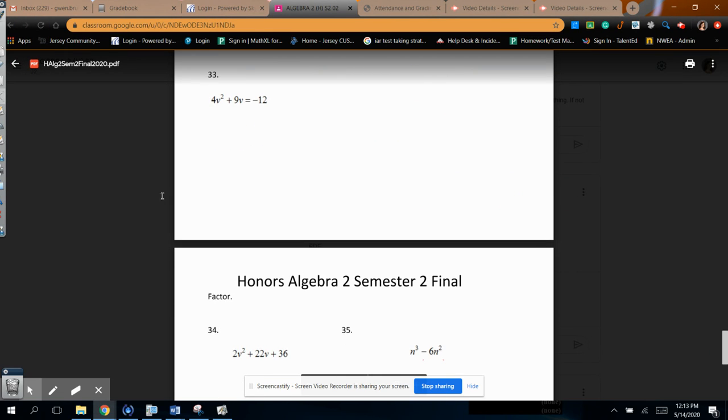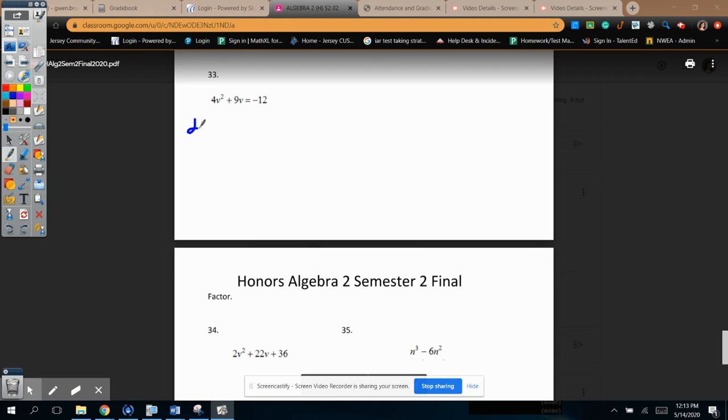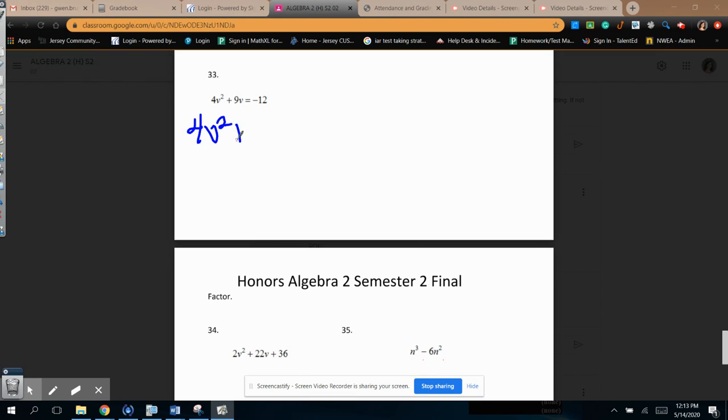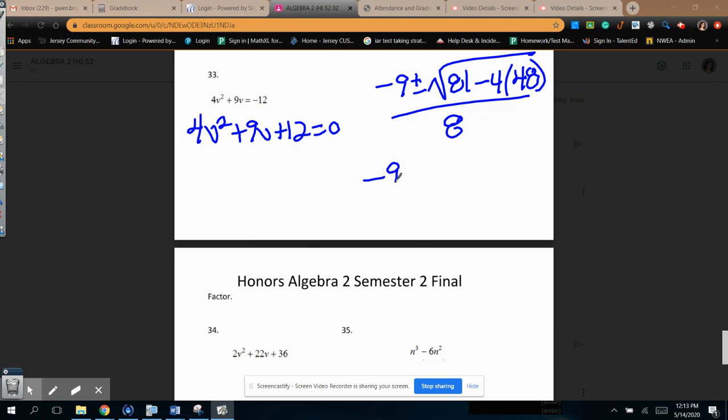Number 33. This one I would do quadratic formula because of the 9 there and the leading coefficient. Negative b plus or minus square root of b squared minus 4ac, which is 48, all over 2a, which is 8. Negative 9 plus or minus the square root of 80.